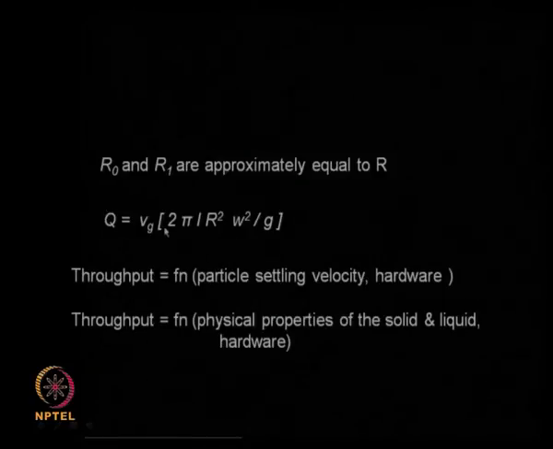Throughput is a function of the settling velocity, and these are related to the hardware of the centrifuge as well as the operating angular velocity.